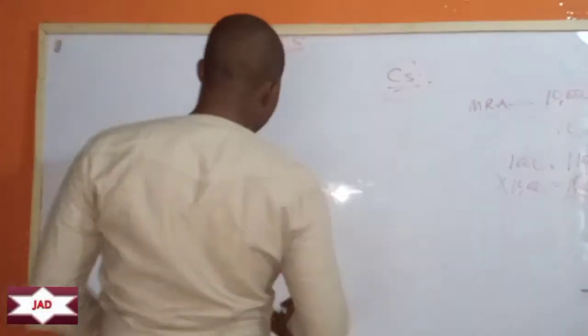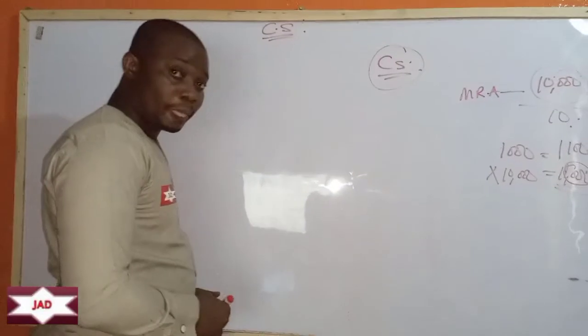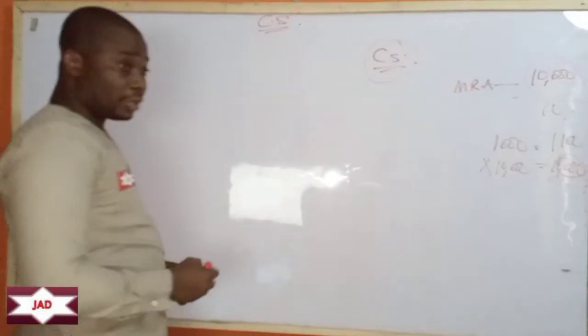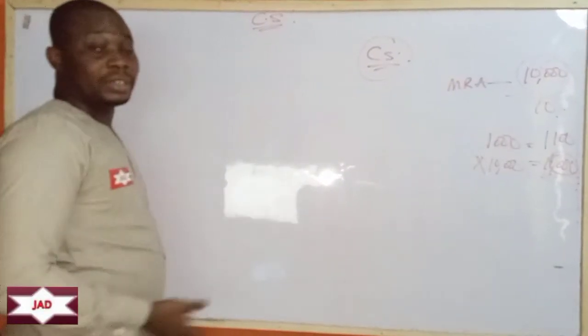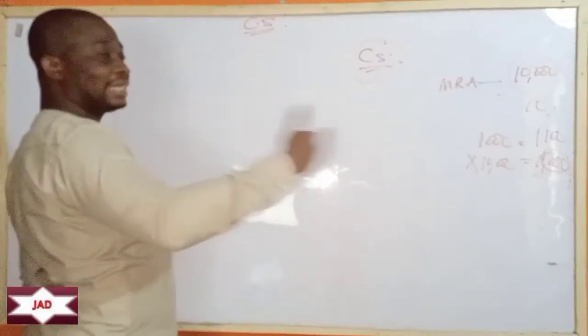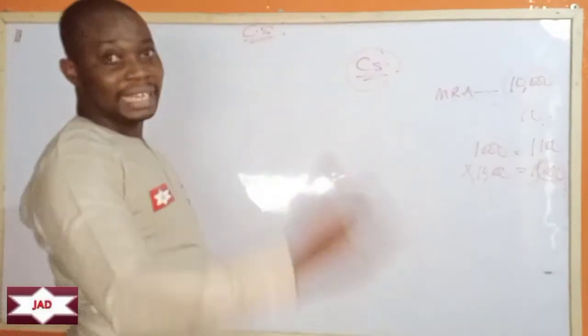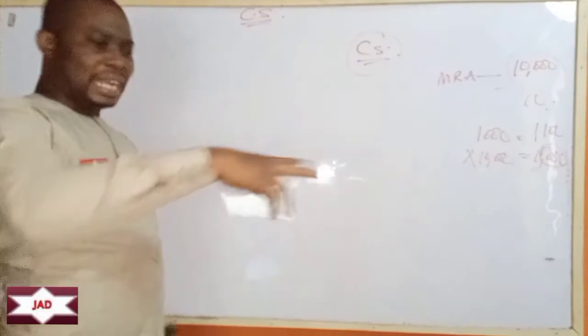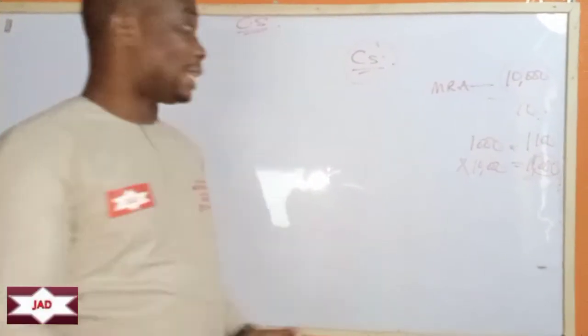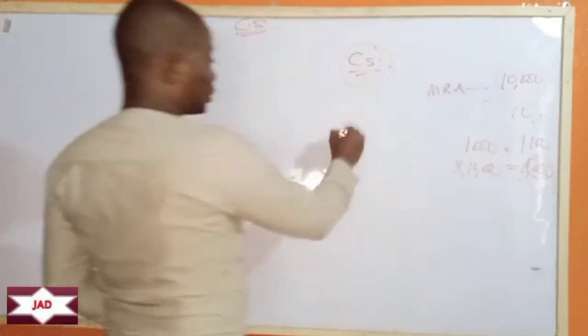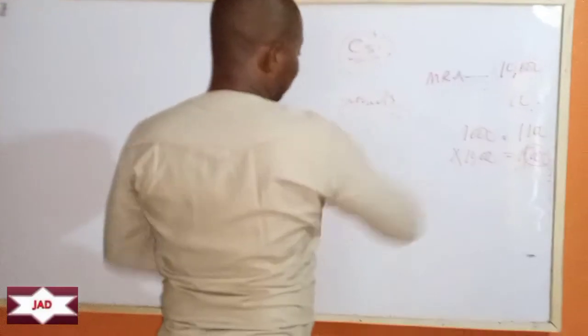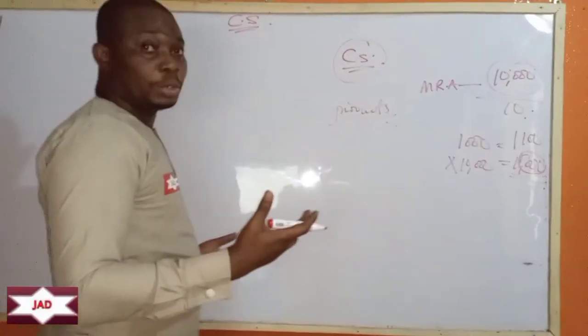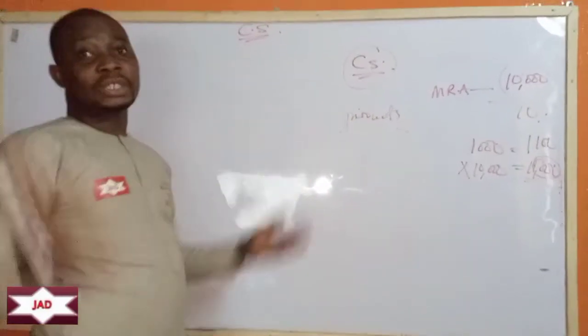So the income of the cooperative will be how much? 1,000 naira, because Mr. A borrowed money from the cooperative, and the cooperative is using the money to turn over another 1,000. So instead of paying back 10,000, Mr. A is paying back 11,000. So that's basically the area where cooperatives make money.